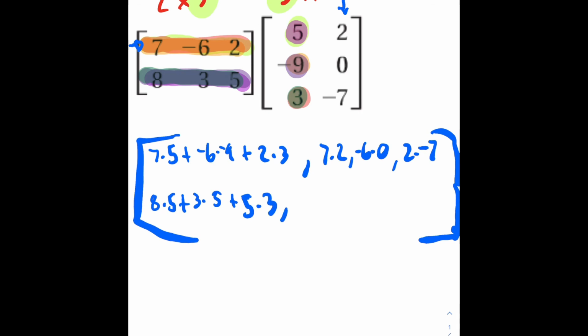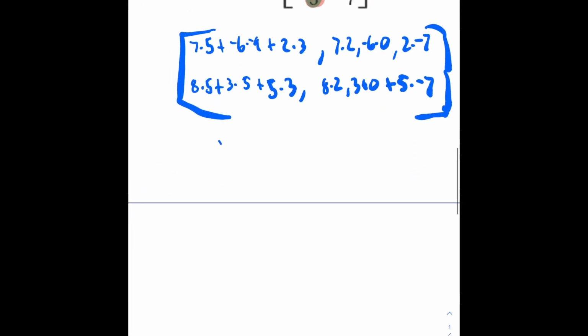And then I'm going to take 8 times 2 plus 3 times 0 plus 5 times negative 7. So now we can start simplifying.